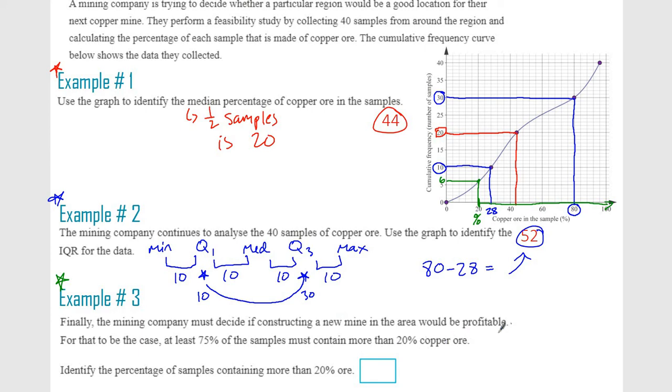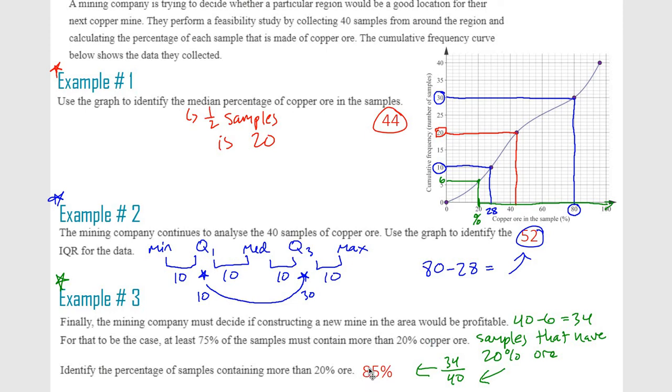So that means I have 40 minus 6, so 34 samples that have 20% ore or more. The percentage of samples containing that would be 34 over 40, which is 85%, because that would be 0.85.